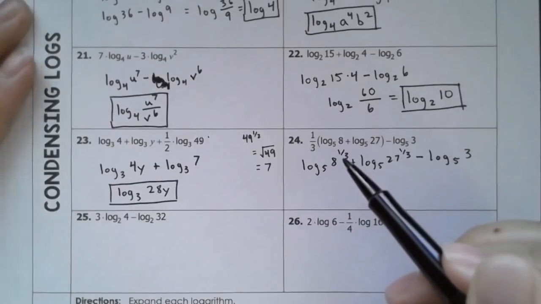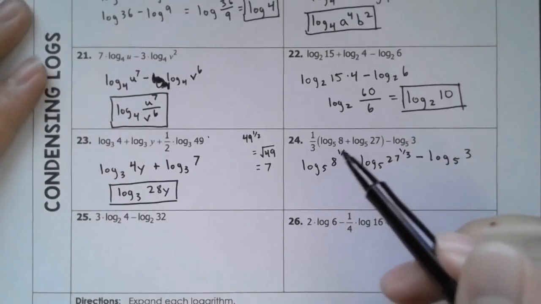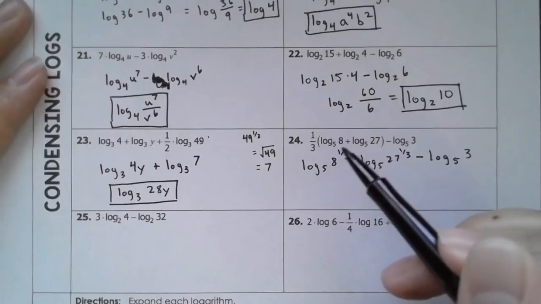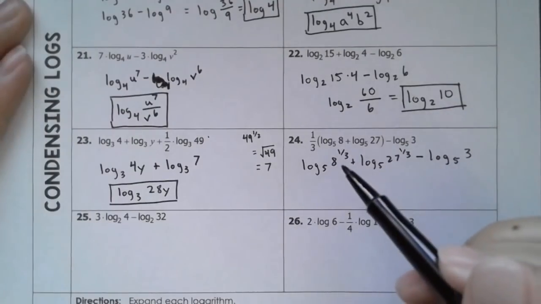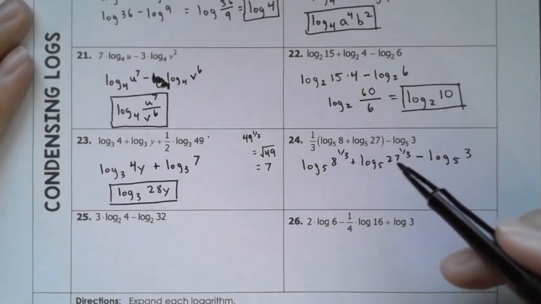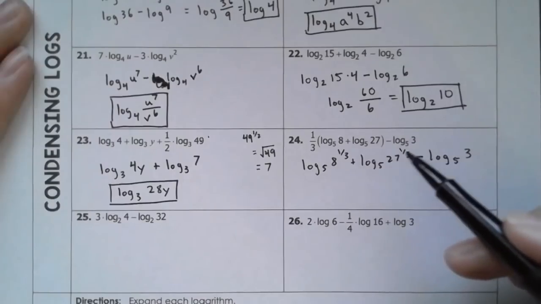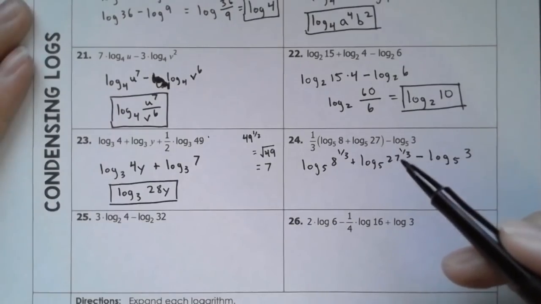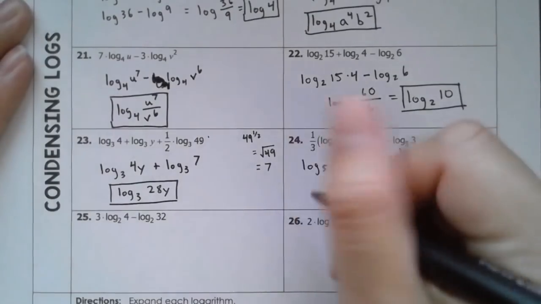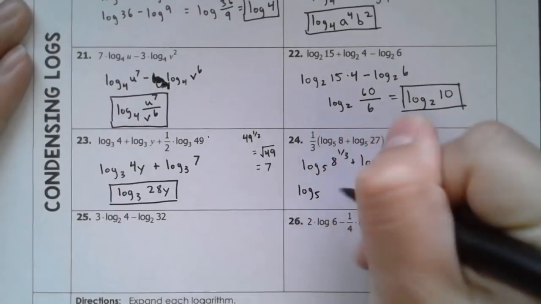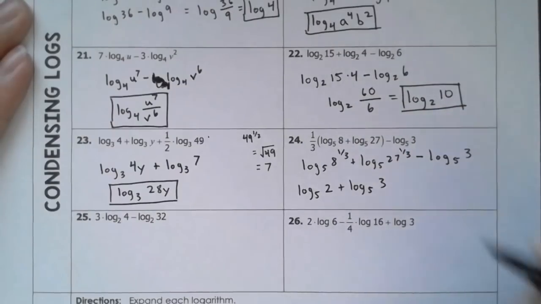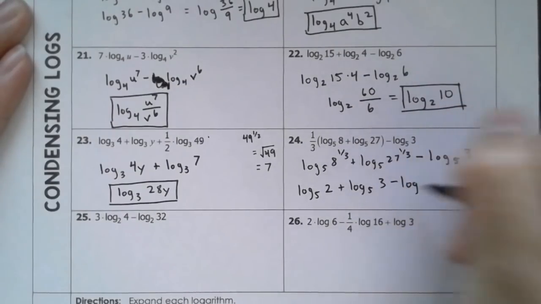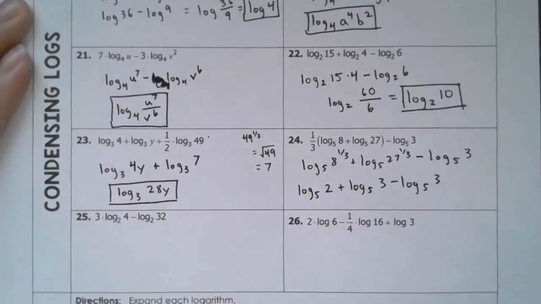Now we can rewrite these as radical expressions. I have the third root of 8, the cubic root of 8. We've seen that already earlier, and we know that's 2. The cubic root of 27 can be rewritten as 3. So this is log base 5 of 2 plus log base 5 of 3 minus log base 5 of 3.